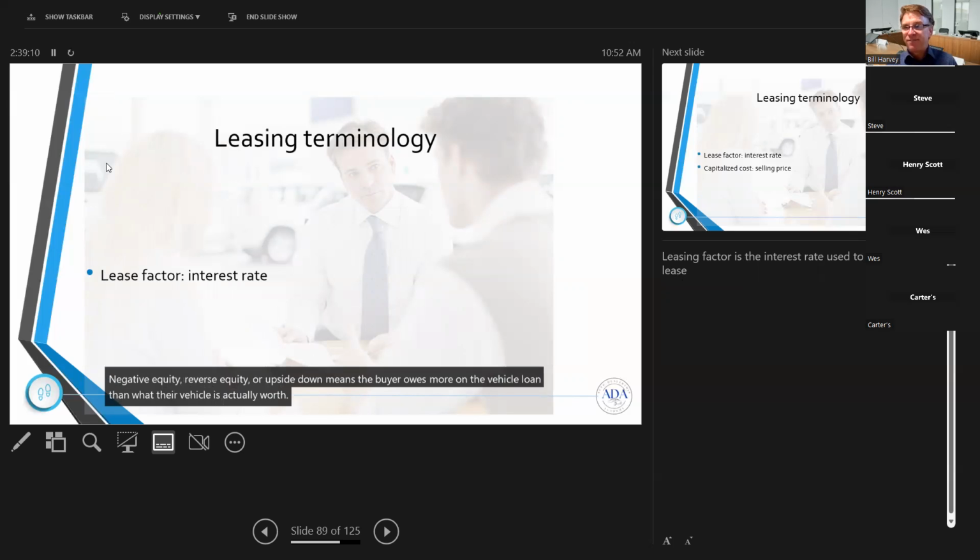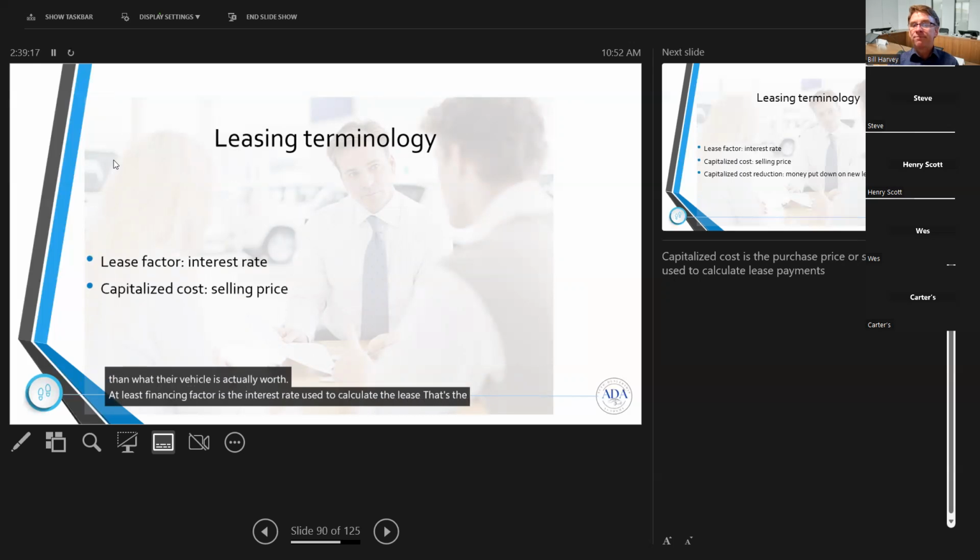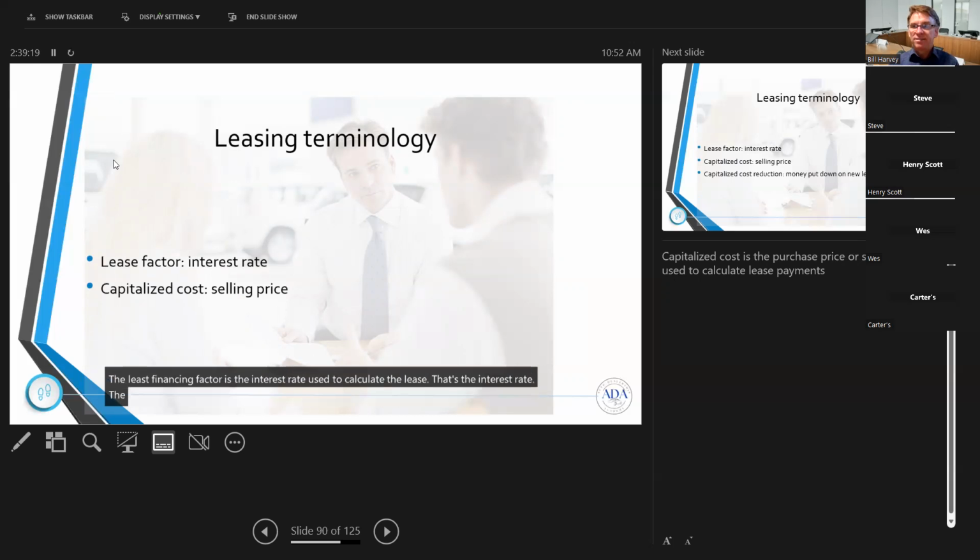The lease financing factor is the interest rate used to calculate the lease. The capitalized cost is the purchase price, or selling price, or negotiated price that the vehicle sold for, used to calculate lease payments.